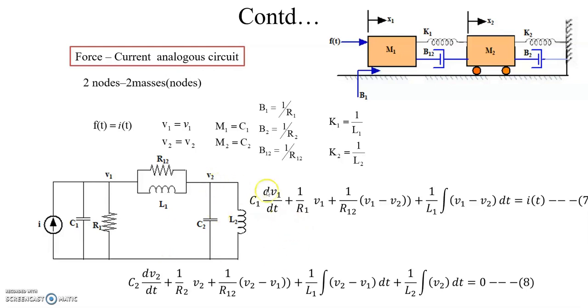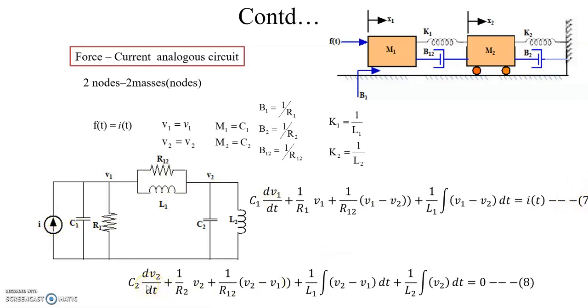Applying KCL at node 1: C1 into dV1 by dt plus V1 by R1 plus V1 minus V2 by R12 plus 1 by L1 integral of V1 minus V2 into dt is equal to the applied current I of t. Name it as equation number 7.